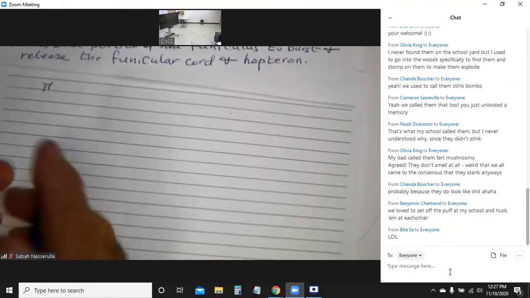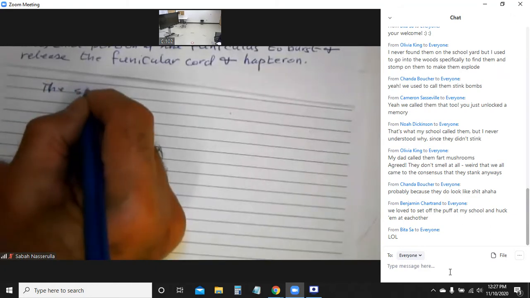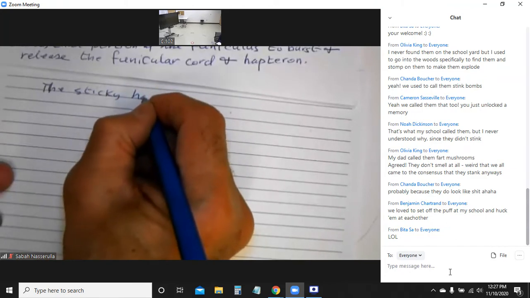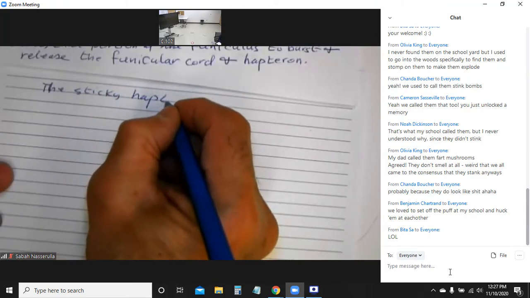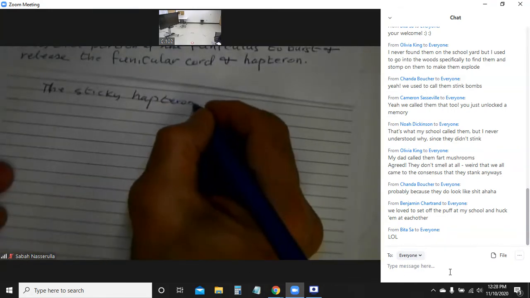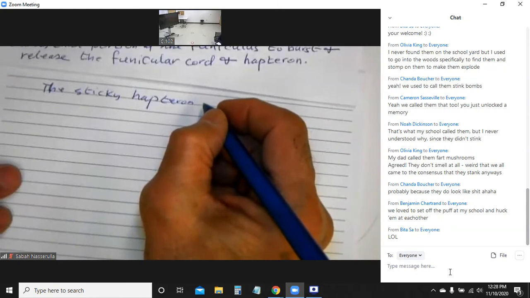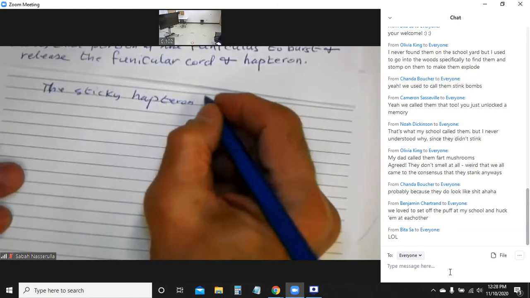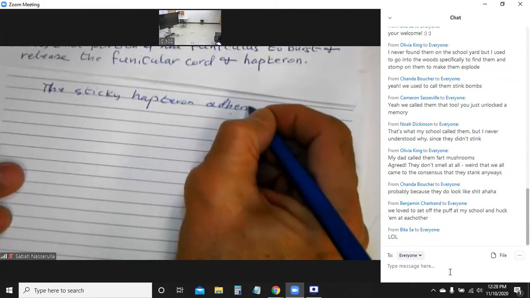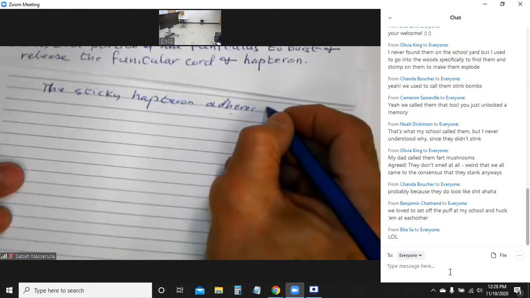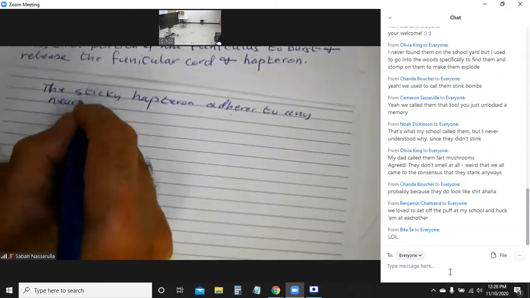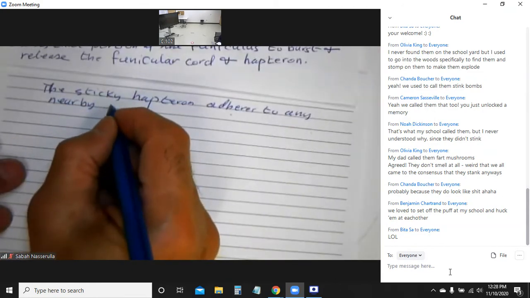Then to mention, of course, that the sticky hapteron adheres to any nearby solid object.